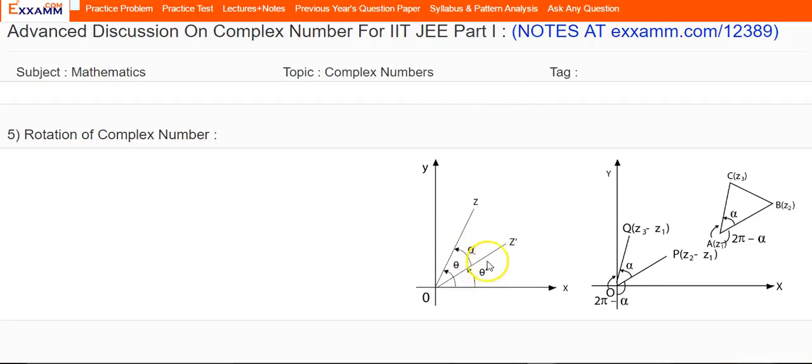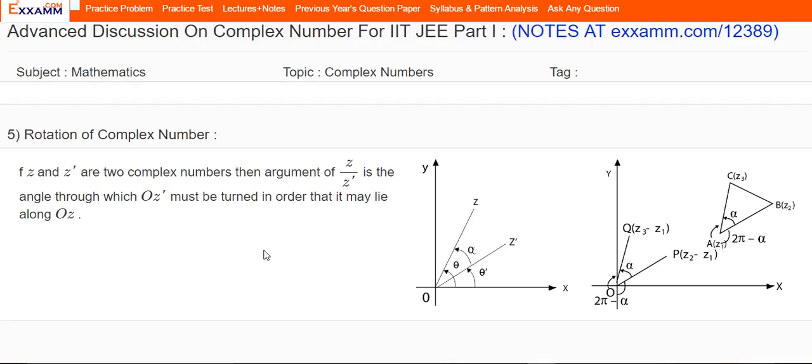So now the argument of OZ dash is theta dash, and argument of OZ is theta, and the difference theta minus theta dash is alpha, and we have to find the relationship between the complex numbers z and z dash. Let us say, what is the value of z upon z dash.